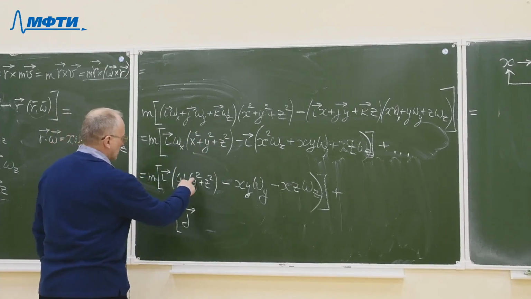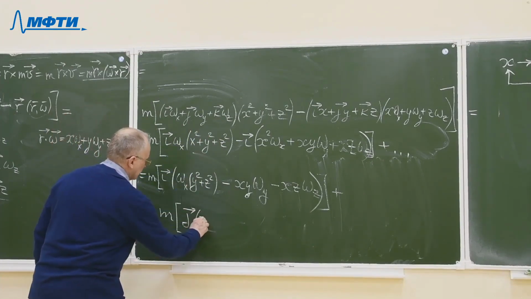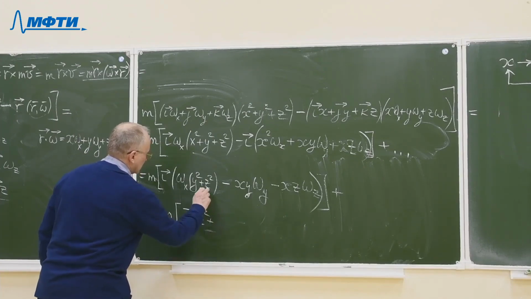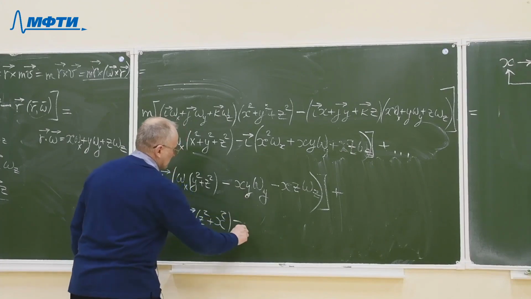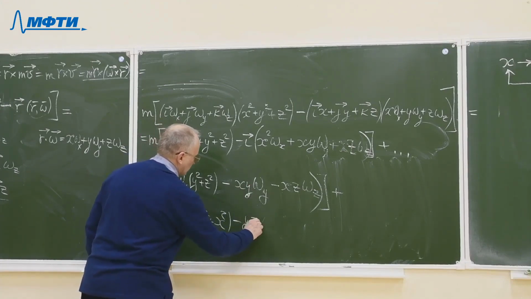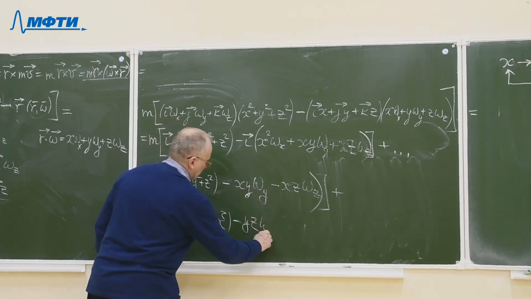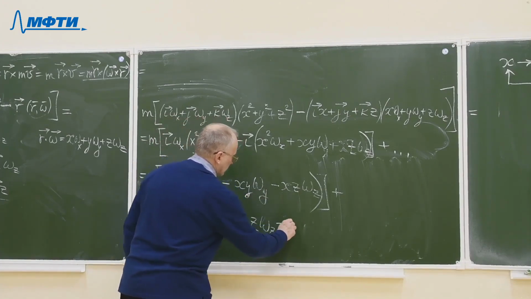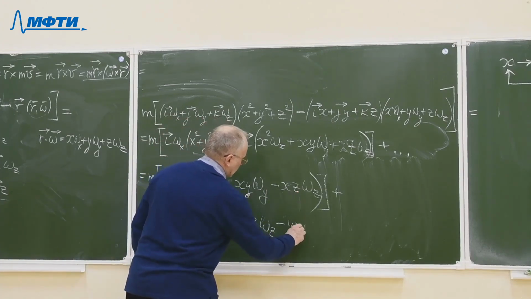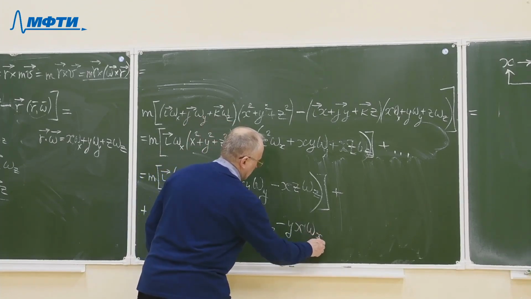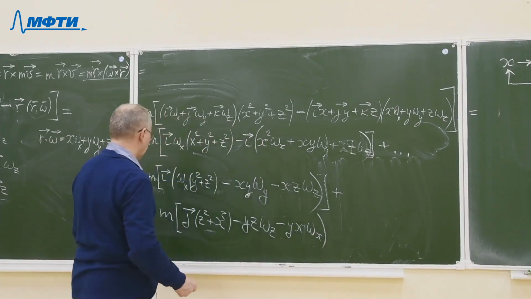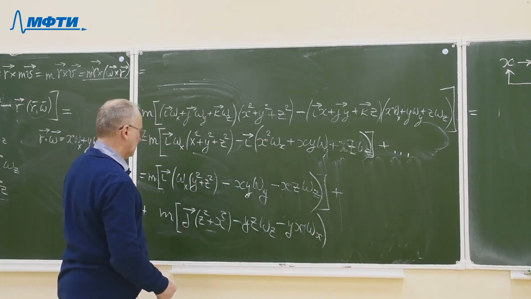Y will go into z, and z will be changed into x. Minus x will be changed into y, and y changed into z, and instead of omega y, we obtain omega z, and minus y x, according to the same logic, omega x.